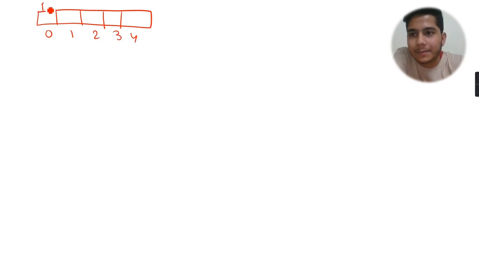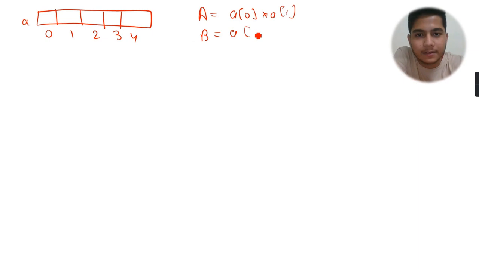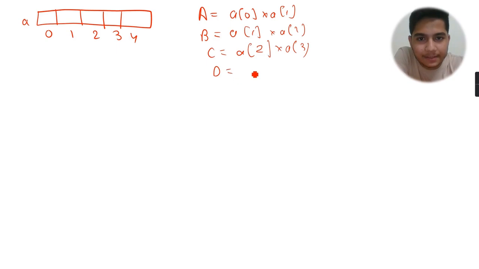A has dimensions A0 cross A1, B has A1 cross A2, C has A2 cross A3, and D has A3 cross A4. This is how the dimensions work.